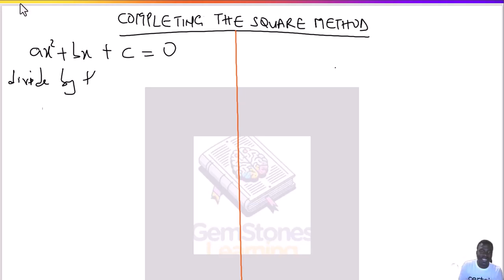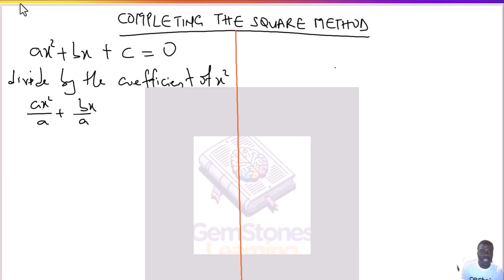That's the first step. And that will simply give us ax squared over a plus b over a x plus c over a is equal to 0. So that will make it become x squared plus b over a x plus c over a is equal to 0.